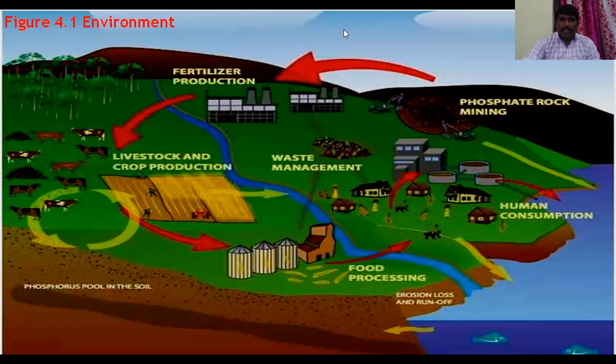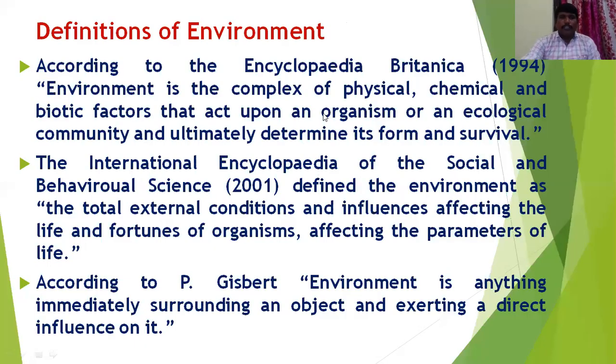Some of the outstanding definitions of the environment are given as the following. According to the Encyclopedia Britannica, environment is the complex of physical, chemical, and biotic factors that act upon an organism or an ecological community and ultimately determine its form and survival.